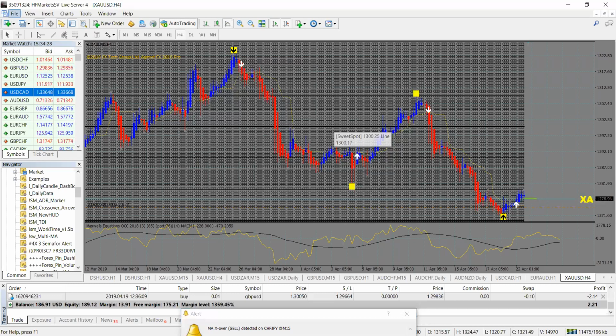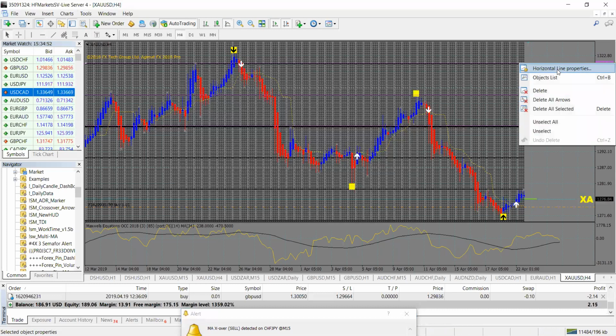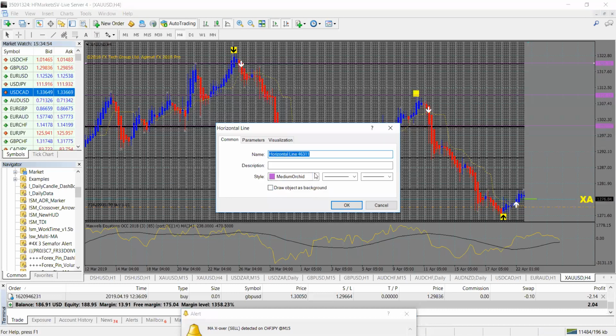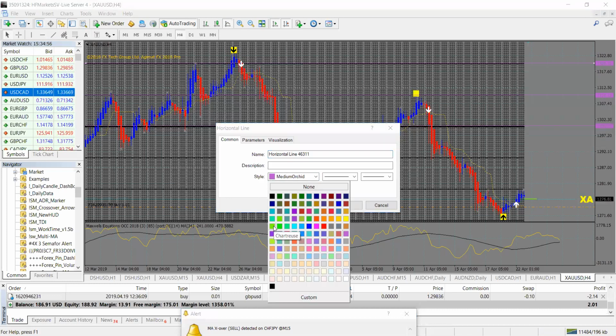Now, if you take a real horizontal line and you plot it here, it's not going to be really accurate, but I'm just doing my best. Sorry, let me change the properties to something brighter.